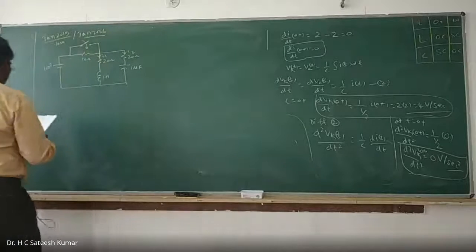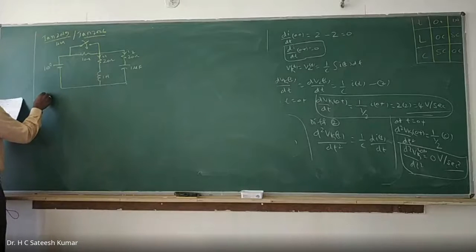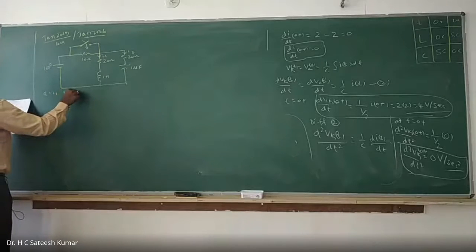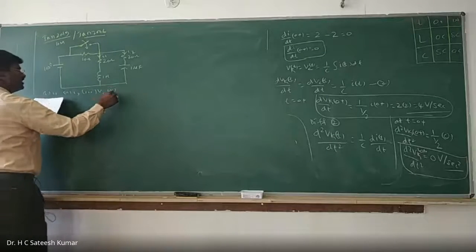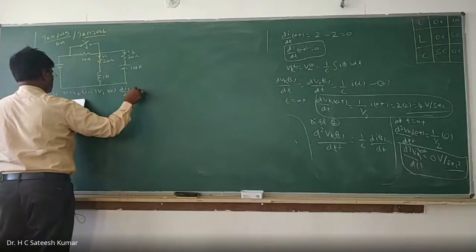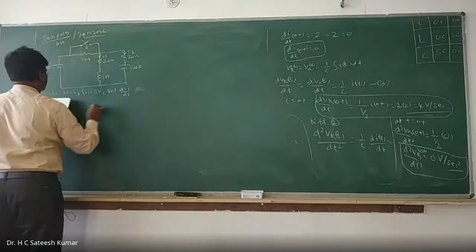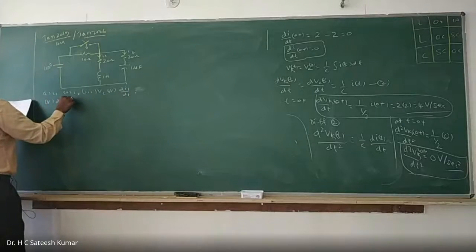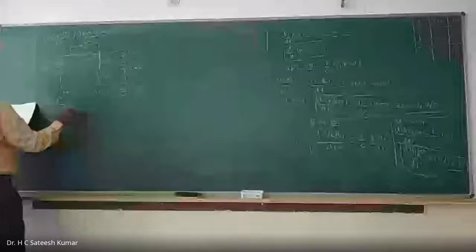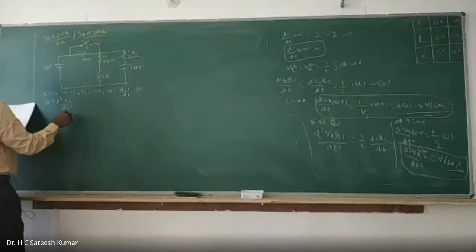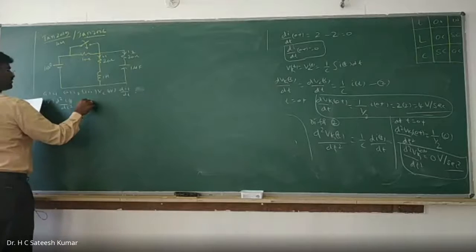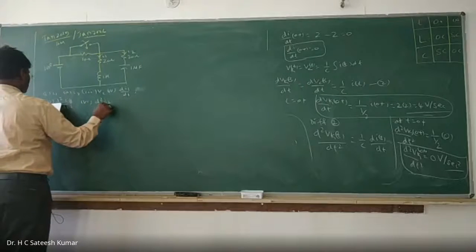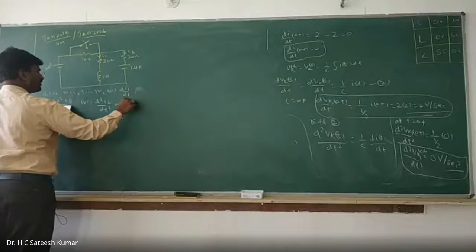Obtain the initial values of: first I1, second I2, third VC, fourth di1 by dt, fifth d squared I1 divided by dt square, sixth d squared I2 divided by dt square, at t is equal to 0 plus.